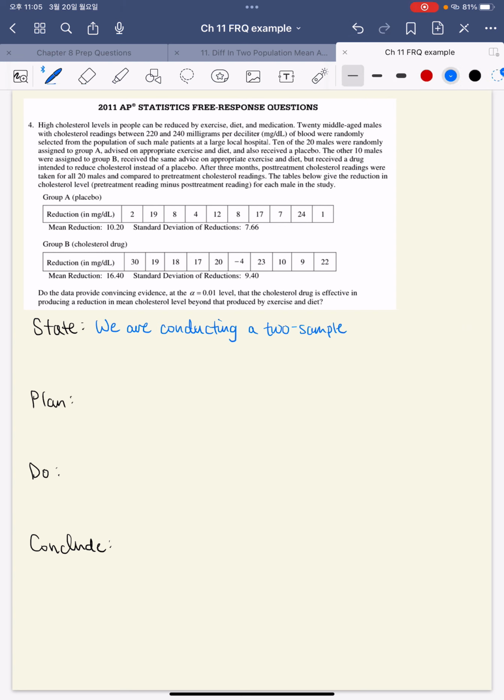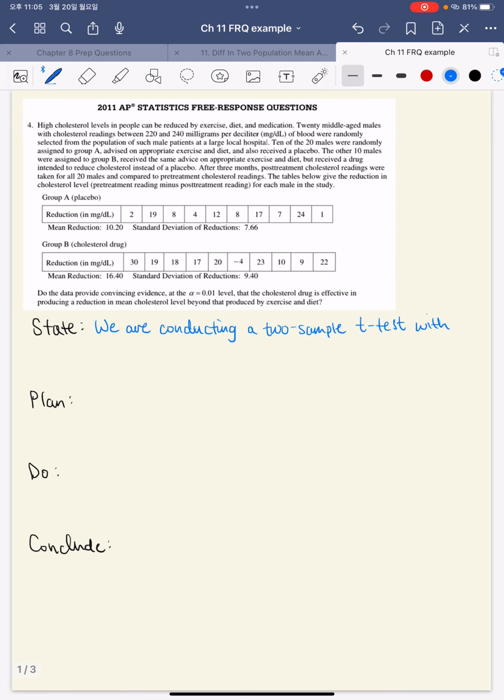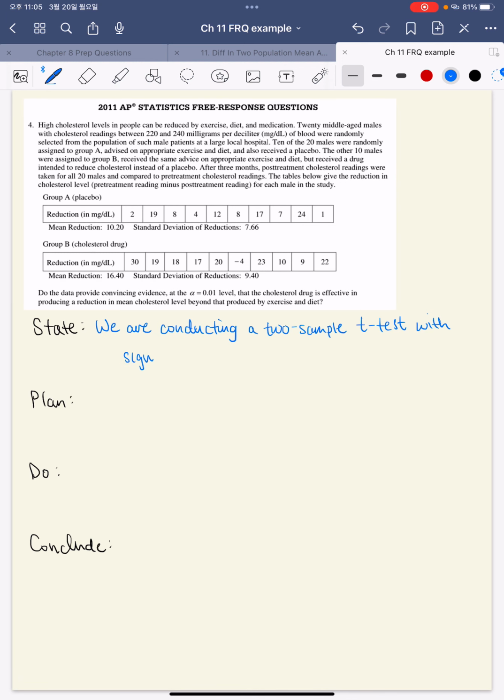So we have to say we are conducting a 2-sample t-test, and then we need to talk about the significance level we're working at, alpha equals 0.01, which I think is what's suggested in the question. Yeah.